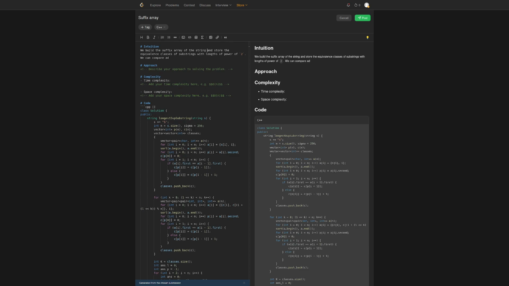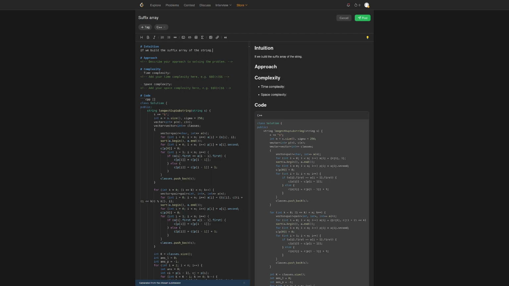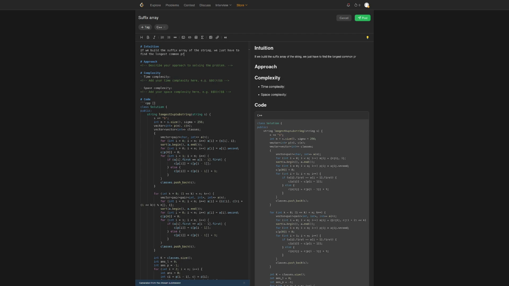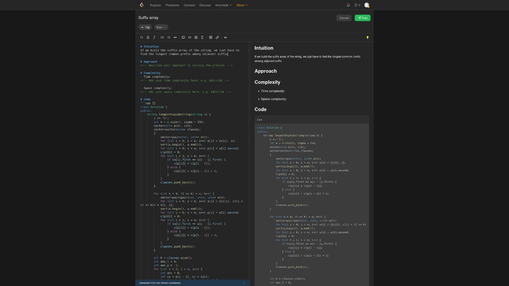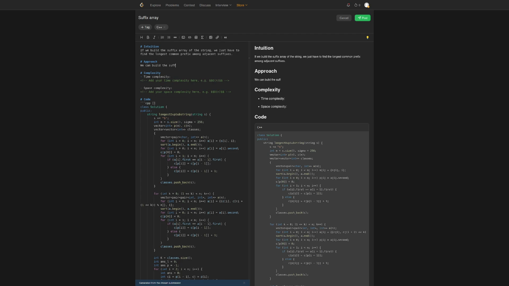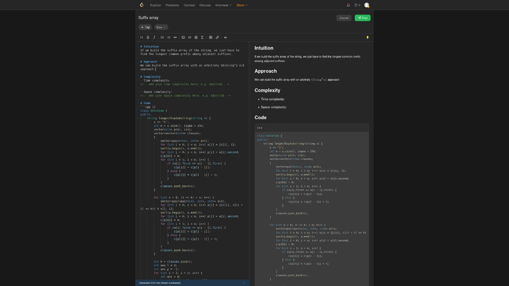If we build the suffix array of the string, we just have to find the longest common prefix among adjacent suffixes. We can build the suffix array with an arbitrary O(n log^2 n) approach, or an arbitrary O(n) or faster approach.